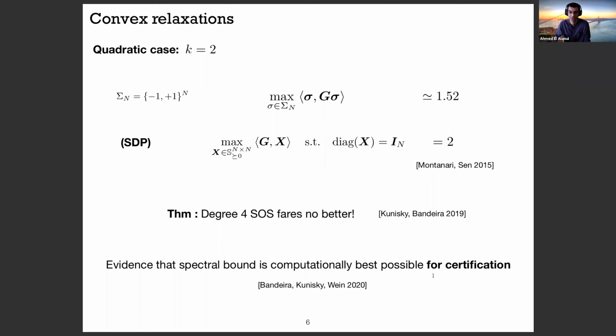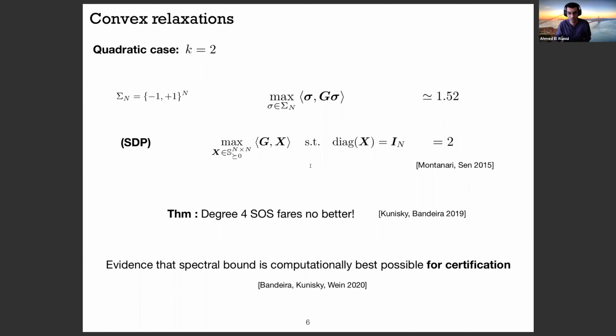But what does that mean? So it turns out that this is best possible for certification. So what does that mean? Here we're actually trying to solve a problem that is a bit harder than the original one that we started with. We're relaxing so that the value that we get is always no smaller, it's always larger than or equal. And that turns out to be true regardless of the distribution of this matrix G, right? So it doesn't have to be Gaussian, just because it's a convex relaxation.